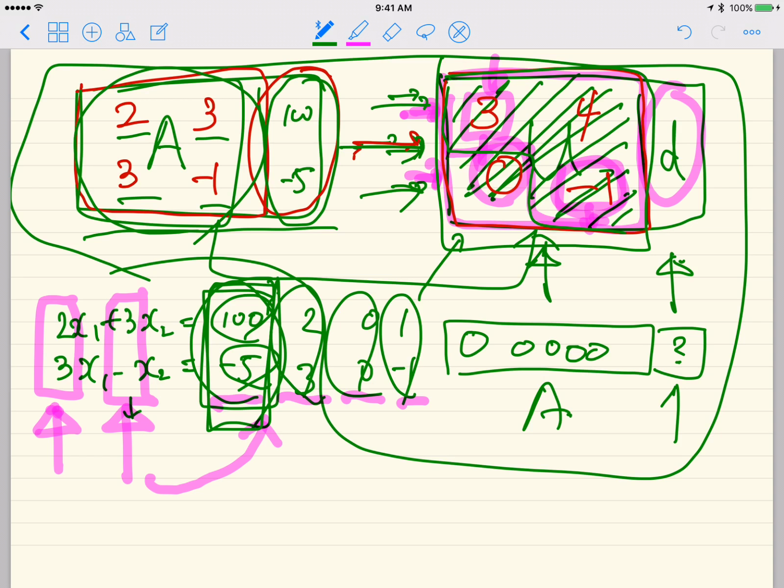So m is 2. When writing this R2, it means the entire space, the entire universe that contains all the possible two-dimensional vectors. Of course, we are considering real values. That's why we call this R. Okay, so.